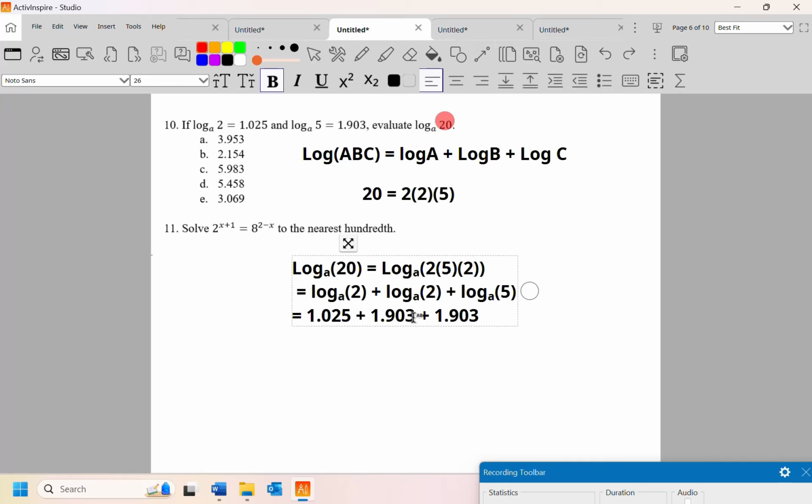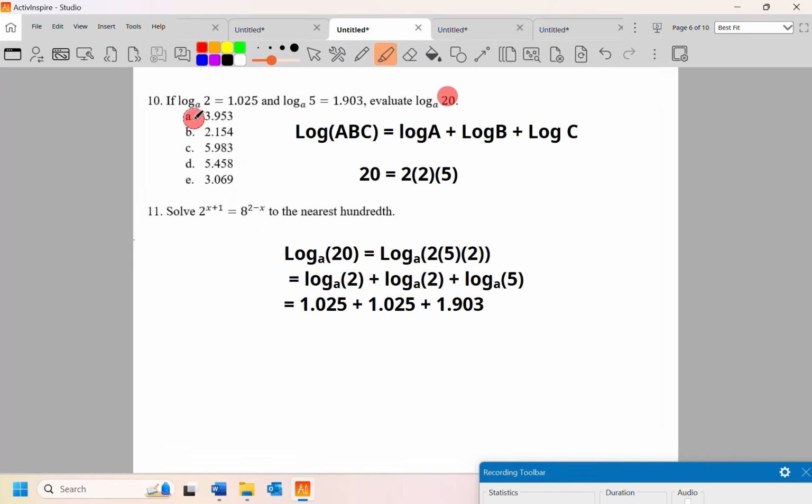That should be a 2. Sorry, kids. All right, so that's going to give me 2.05 and 1.93. It's going to be one of these 3s. Should be choice A.